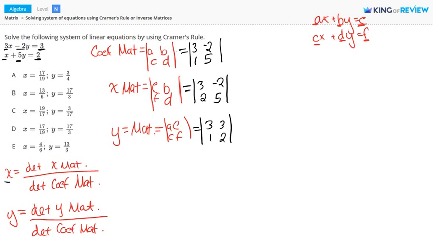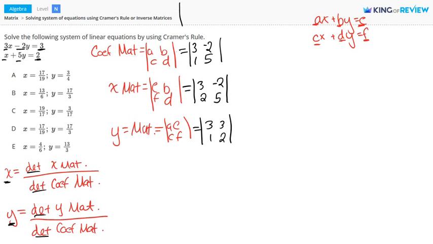But you notice Cramer's rule states that when we solve for x and y, we need to use the determinants. So what is a determinant? A determinant is a real number that's associated with a square matrix.